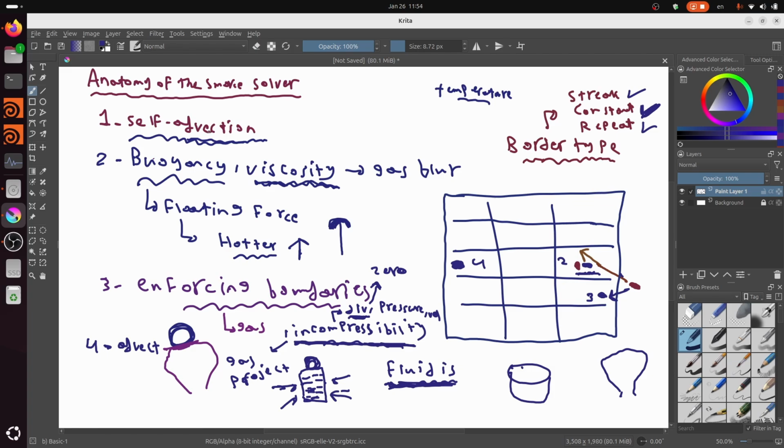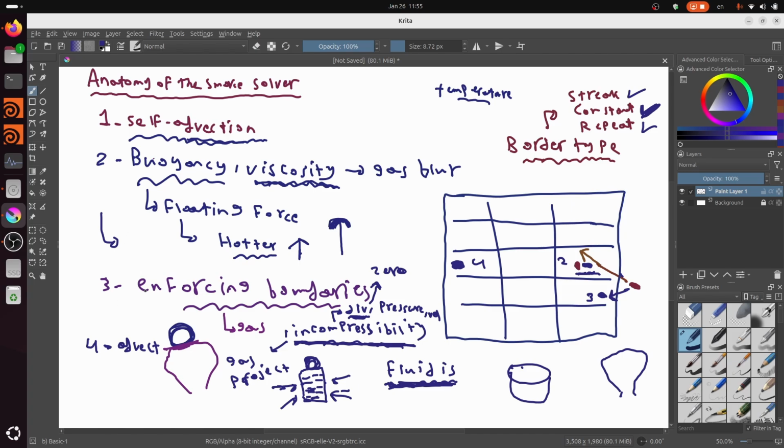So the first thing was that you have the velocity, then you applied the buoyancy and the viscosity effect. The buoyancy was gas buoyancy, the viscosity is just blurring the velocity fields with the gas blur. Okay, and also here you can apply any external force at this stage, any other external force, gravity or anything.